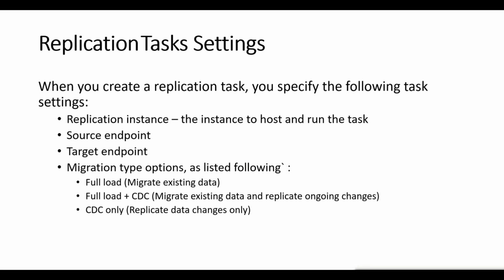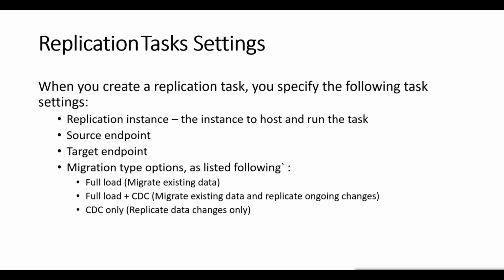So before you go ahead, you should be theoretically aware of it before you go ahead with the practical. That's why I'm taking this theoretical session. And the migration type options, as listed, they can be full load, meaning migrating the existing data.